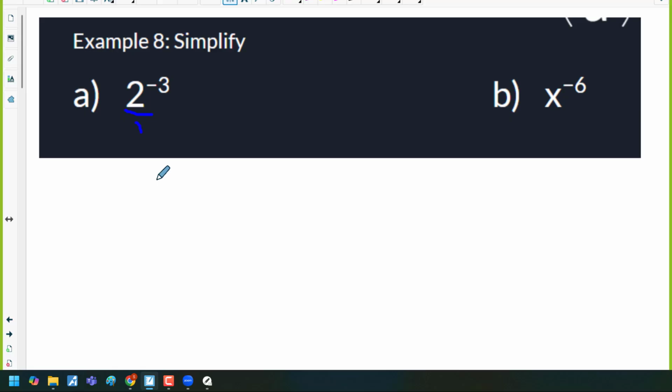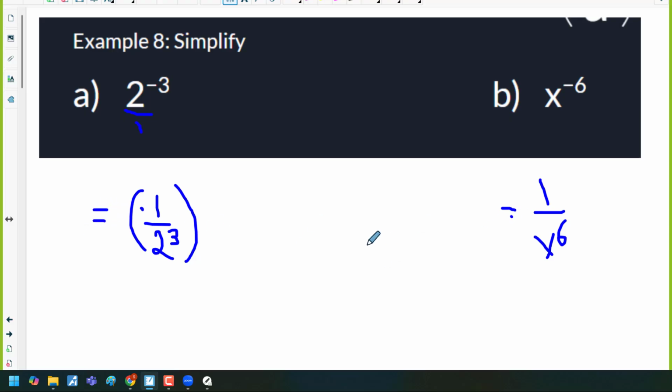And then we flip that fraction. So it becomes 1 over 2. And then the exponent follows the base number. So it stays with the 2. So this is going to be 1 over 2 cubed. That's the answer. And then here we have 1 over x to the power of 6. That's it.